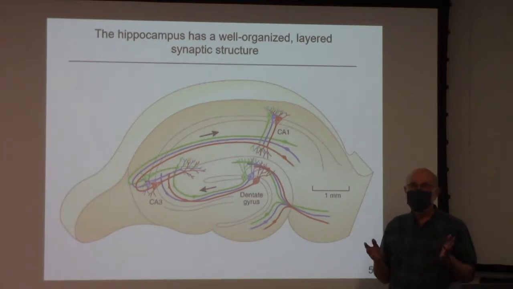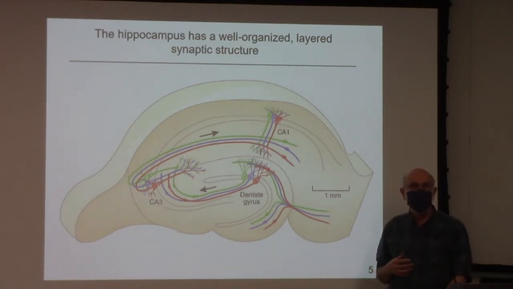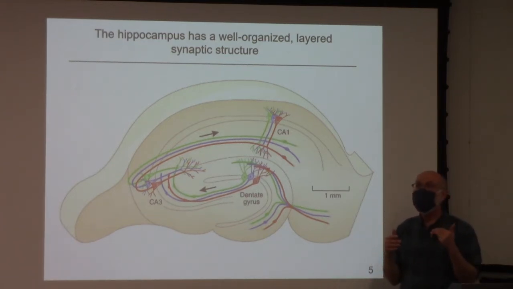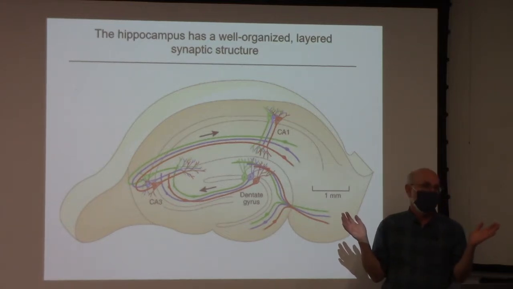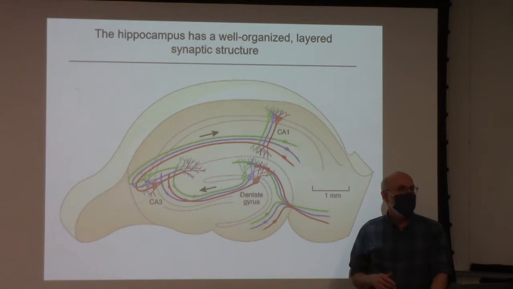Depression is not, we're not talking about clinical depression, we're talking about neuroscience depression, neurobiological depression. Long-term potentiation is an increase in synaptic strength that lasts for a long time, hours to days. Long-term depression is the reverse of that, reversing that process.